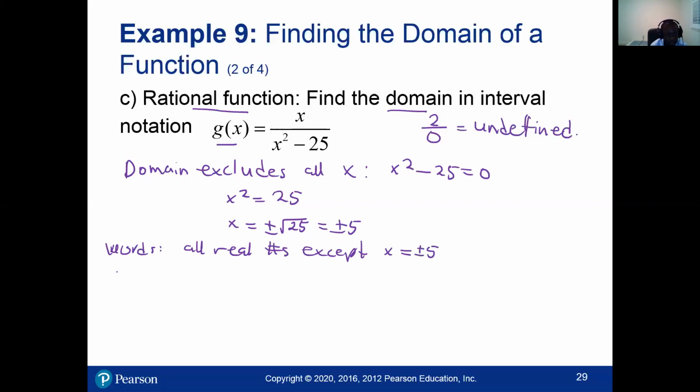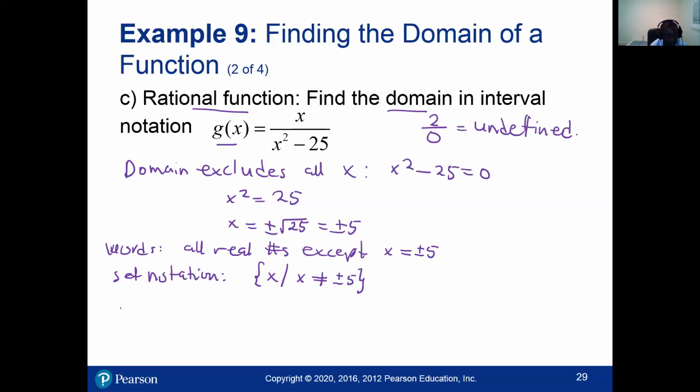If you have the set notation, it will be the set of x such that x is not equal to plus or minus 5.